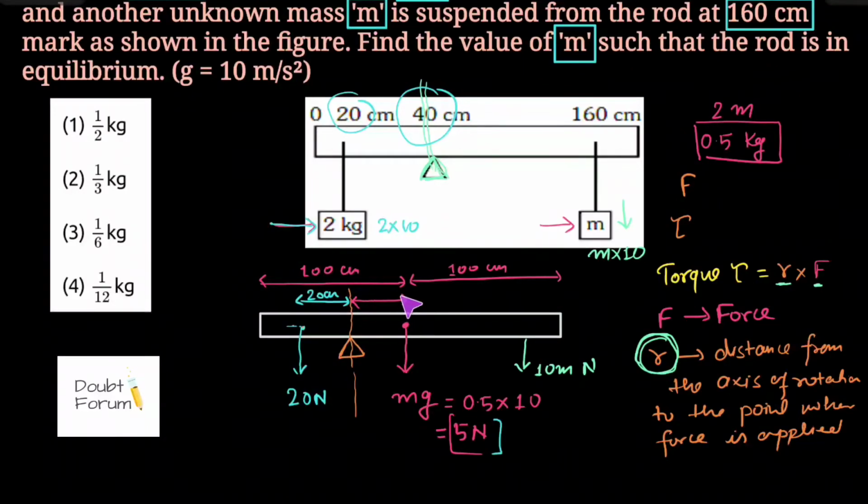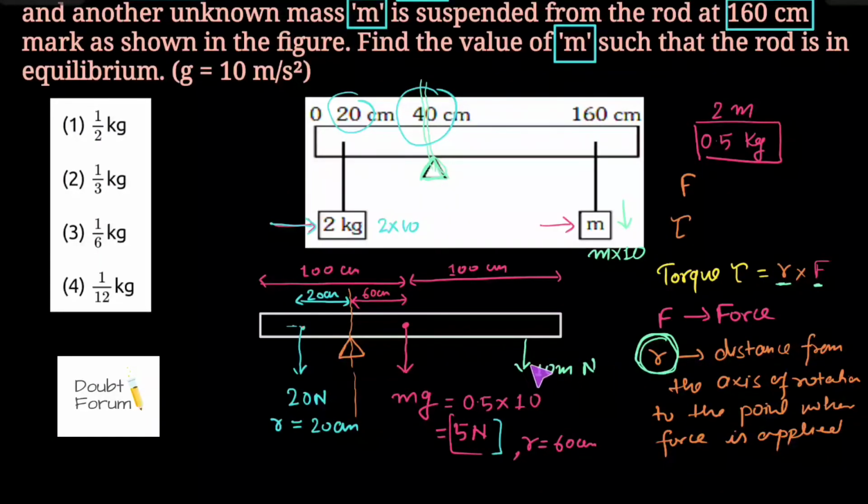So the remaining part would be 100 minus 40 equals 60 centimeter. So the value of r for this 5 Newton force would be 60 centimeter, and similarly the value of r for the 20 Newton force would be 20 centimeter.